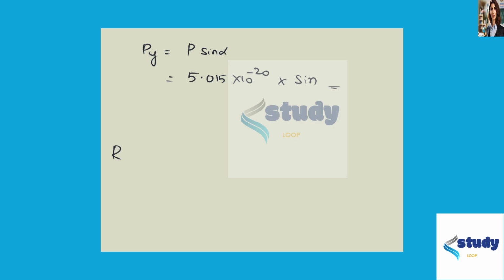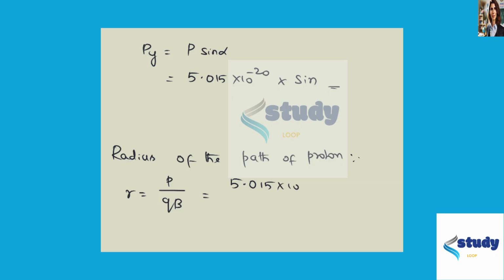First, from the momentum of the proton, we can calculate the radius of the path of the proton. Radius R is equal to P divided by Q into B. P is 5.015 × 10^-20 kilogram meter per second, divided by charge 1.6 × 10^-19 times 0.0450 Tesla.